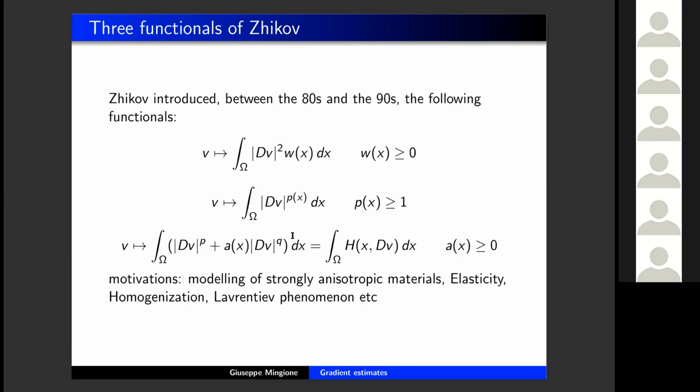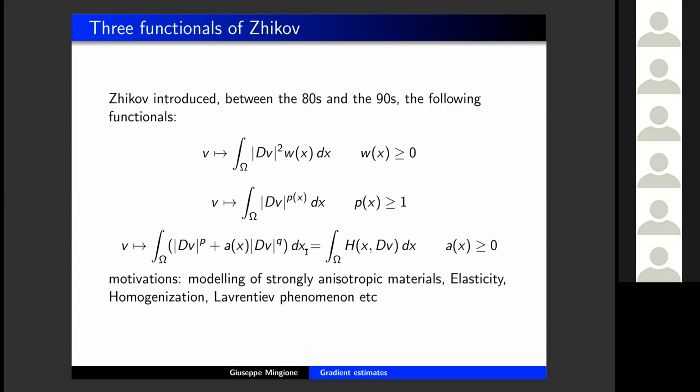And the hardest functional is by far the last one, which is the double phase functional, that tells you the following. You have two fixed exponents modulated by a coefficient that can be 0. So at those points where a(x) is strictly larger than 0, you have a q growth functional. At those points where a(x) is 0, you have a p growth functional.